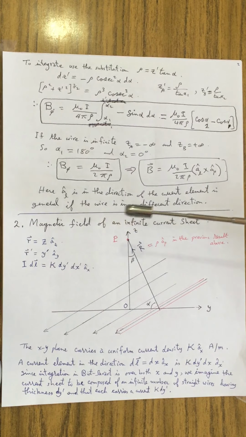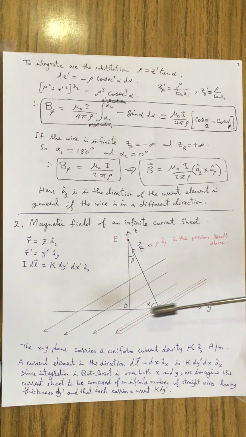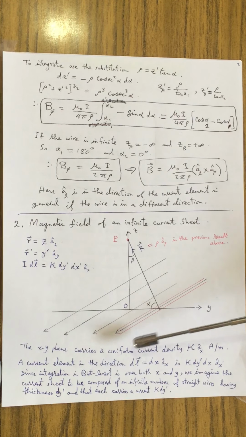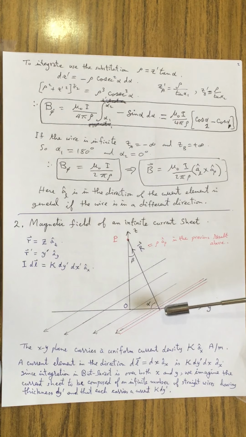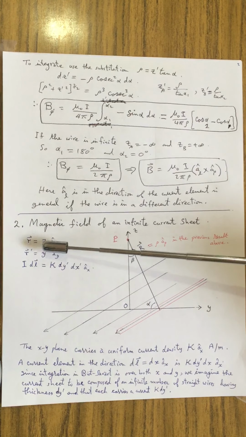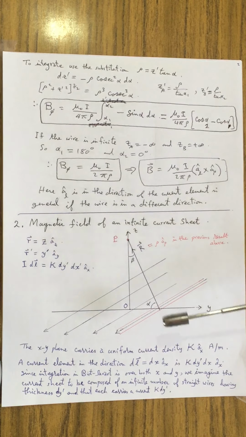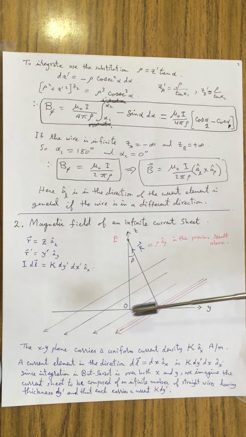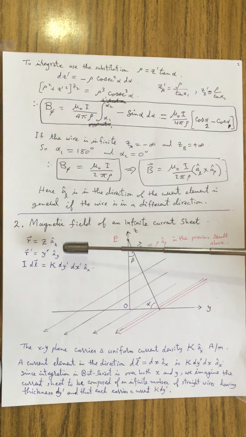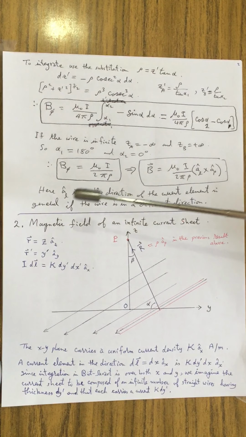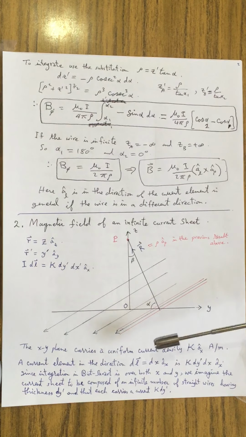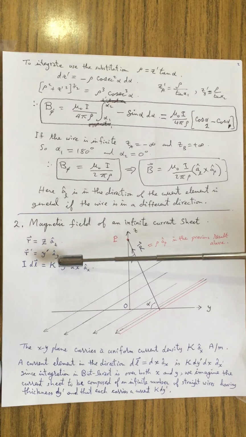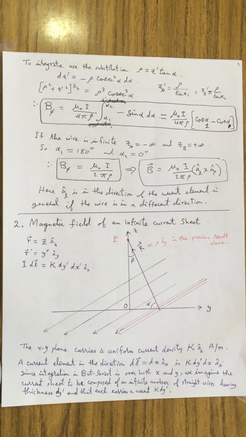The position vector R of this point is z a_z, and now we take the position vector of a general current element, which is R prime equal to y prime times a_y. Then I dL here, if we assume that the current density in amperes per meter is K, is K dy prime dx prime a_x.